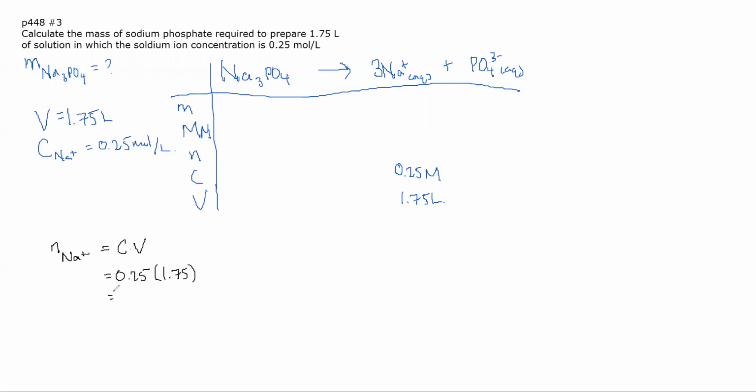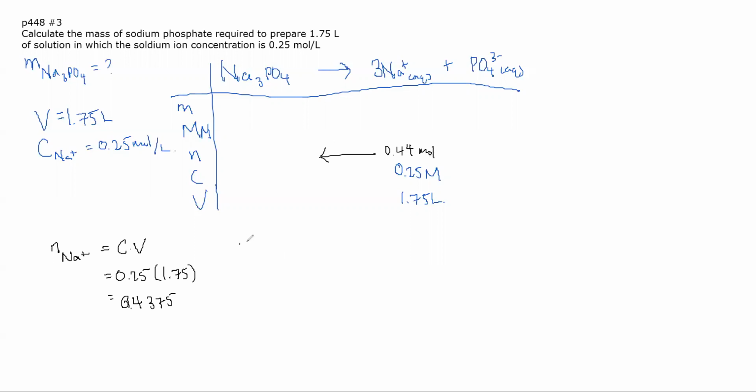How many moles do I have inside the solution? 0.4375. So that means 0.4375, sig figs for 4 moles. All right, let's do it.